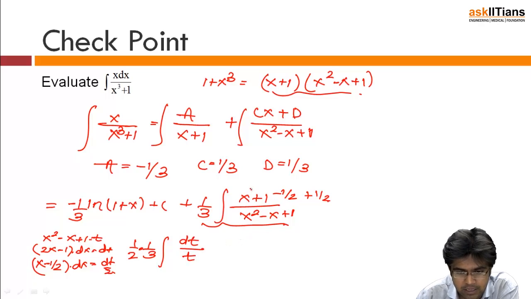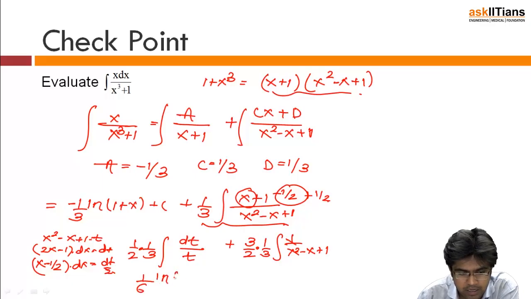What happened? The x and minus 1 by 2 are gone. That means I am left with plus 3 by 2 into 1 upon 3 integral of 1 upon x square minus x plus 1. So this becomes 1 by 6 ln t, where t is x square minus x plus 1. So the second part is also over.